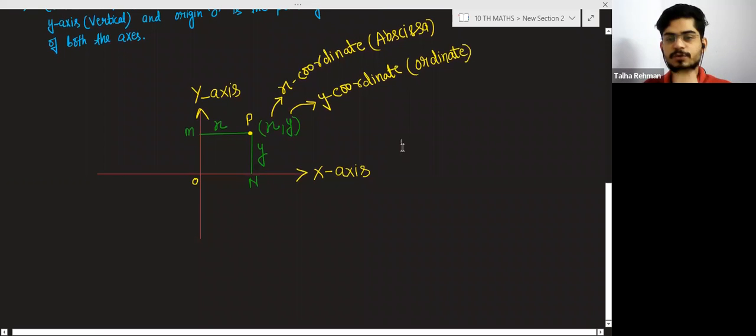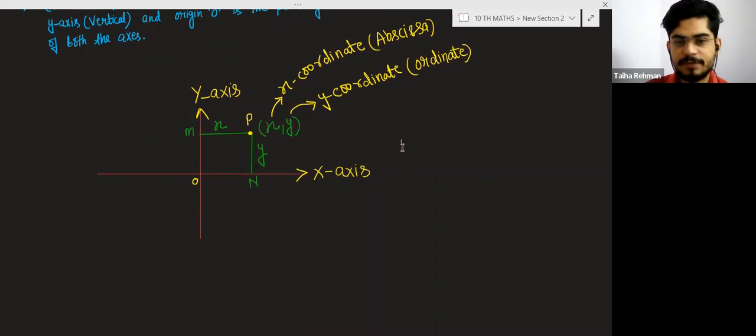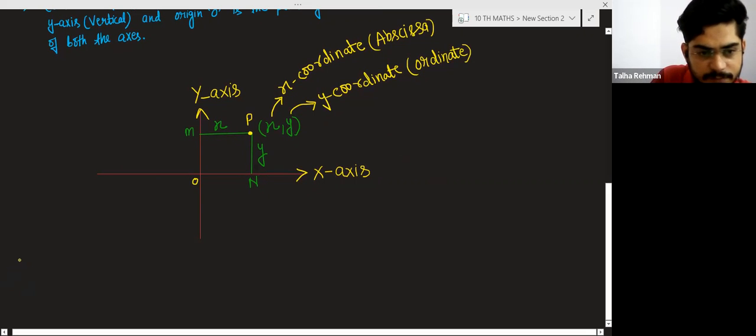Because you have to remember what is the x coordinate, what is y coordinate. How can we measure the x coordinate of a point, how can we measure the y coordinate of a point.